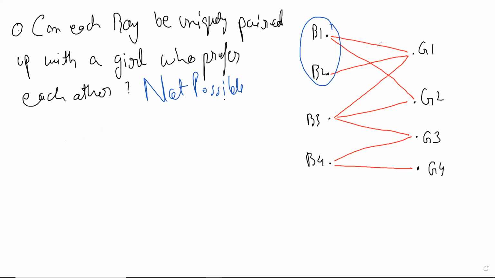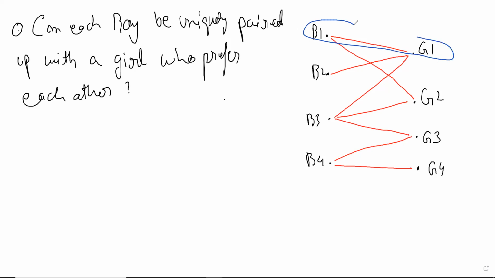Oh wait, I'm sorry again. Let's think about this again. It's just messing it up. See, if you pair boy one and girl one, then that's fatal. That's not good, because then whom are you going to pair up boy two with? Is it making sense to everyone? Boy two cannot be paired with anyone else. You can only pair with girl one. So this cannot proceed like this. So certainly you shouldn't do this.